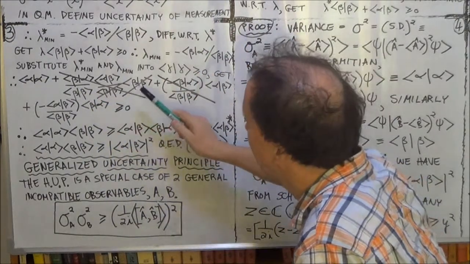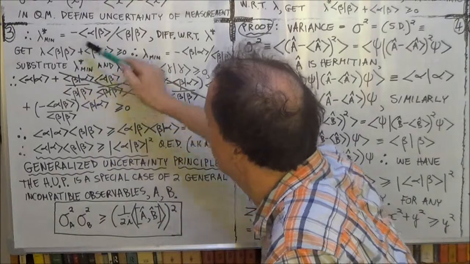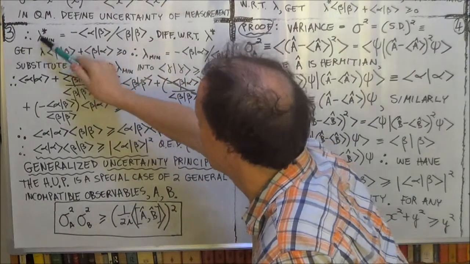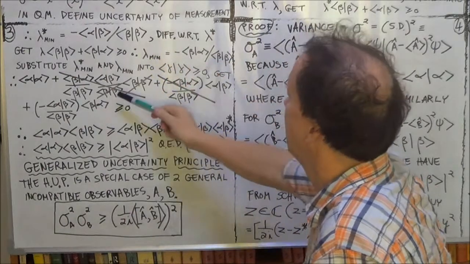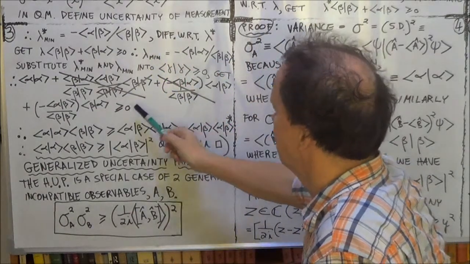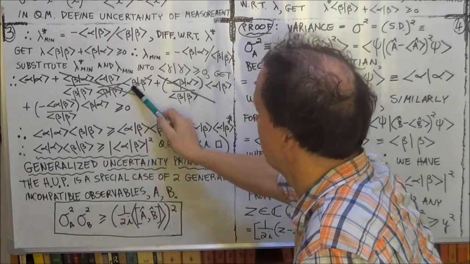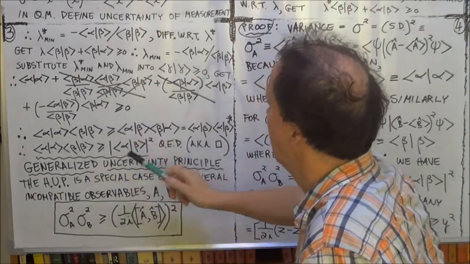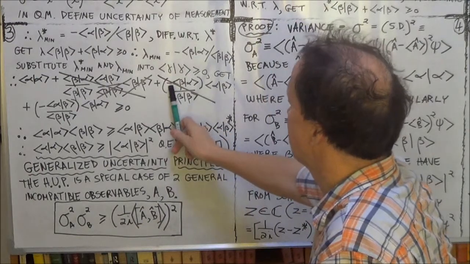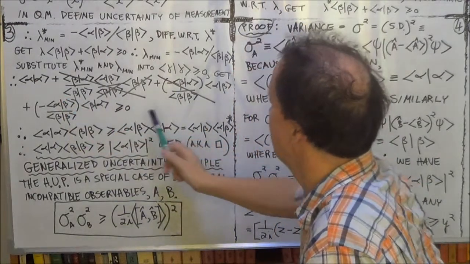Have a look. Now plug in this value for lambda star, and plug in this value for lambda, and you'll find this beta beta bracket cancels with this one. You've got a minus here, you've got a plus here.